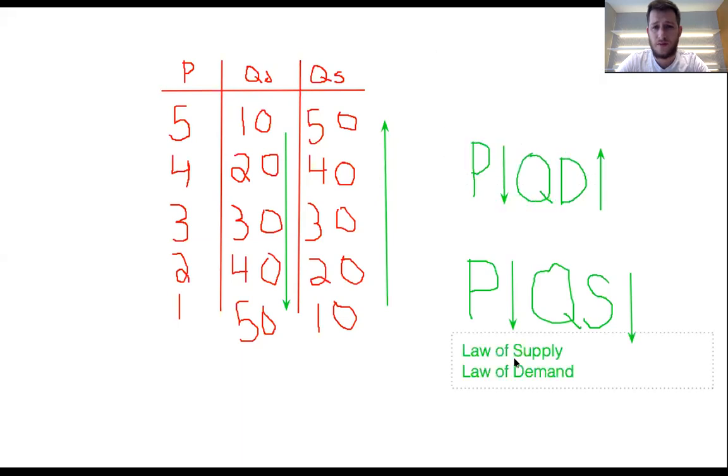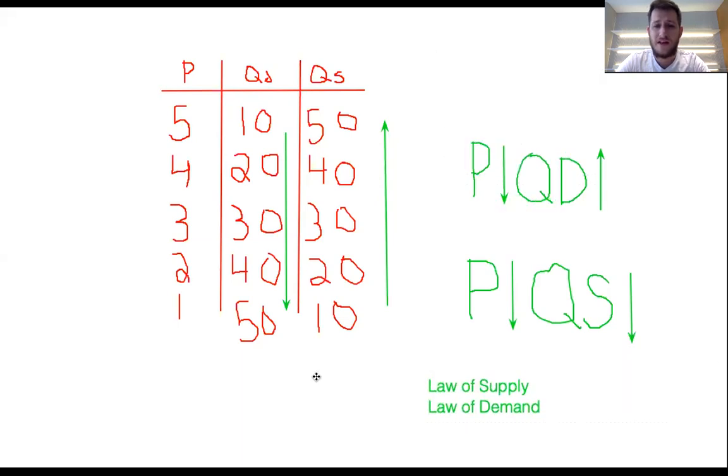Okay, so these are simple ideas, but they're very important ideas, and they're ideas that you can put into multiple paper ones in the micro section.